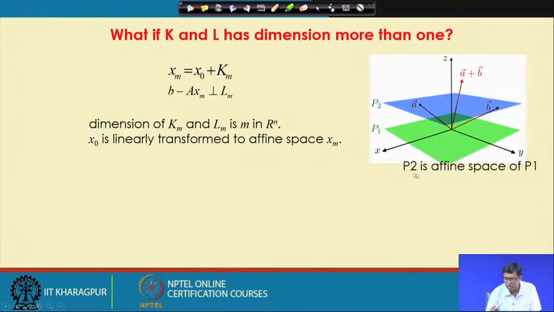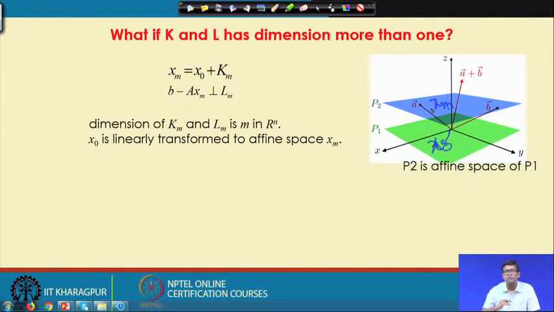Initially, this is the space to which x_0 belonged. Now, we are adding a vector subspace to x_0 and we are getting x_m. So, the origin does not remain; in x_m there is nothing called the origin, it has been shifted by the vector space K_m.